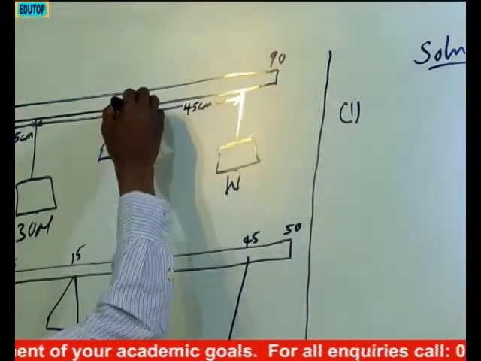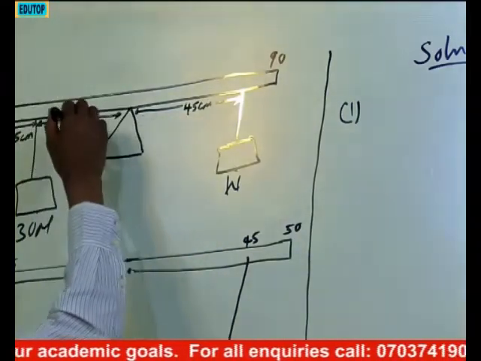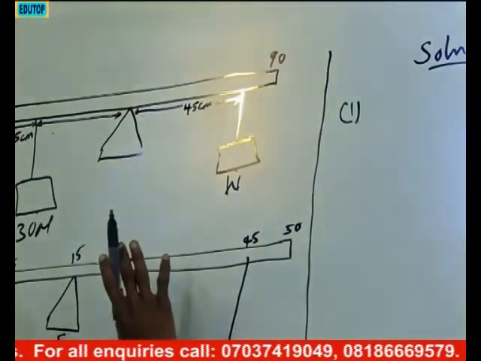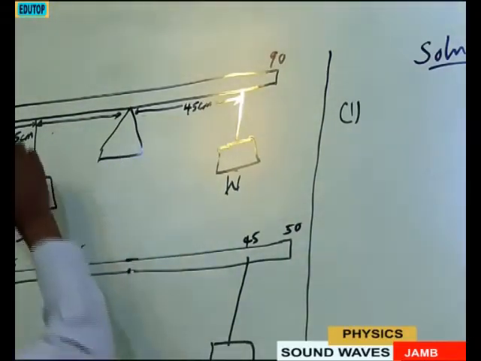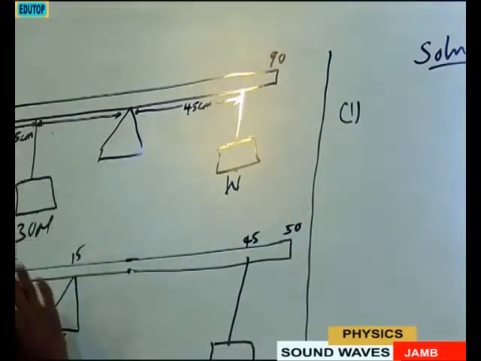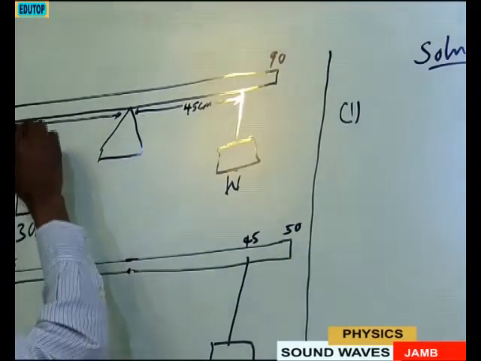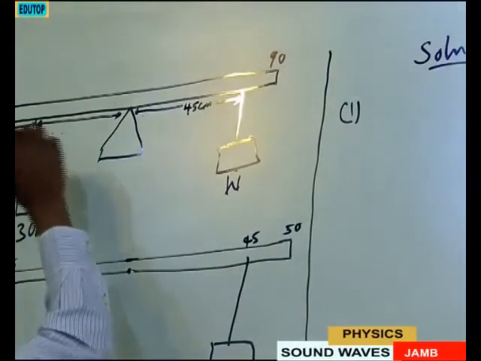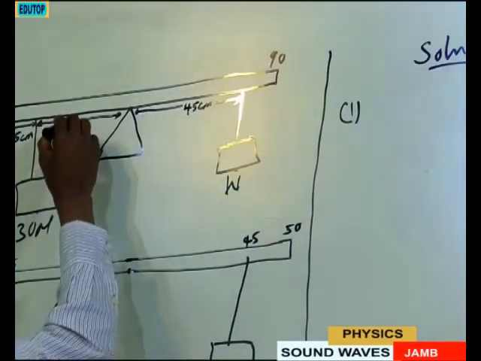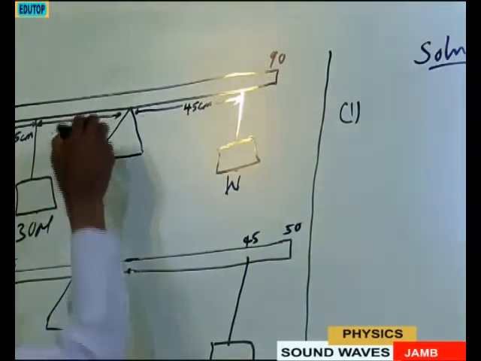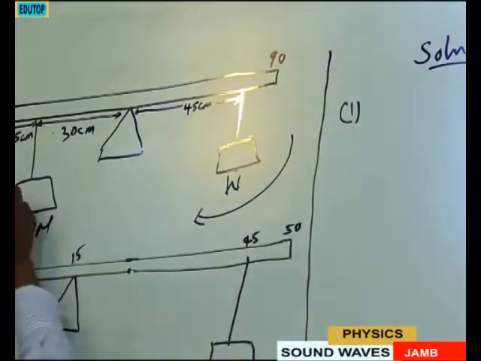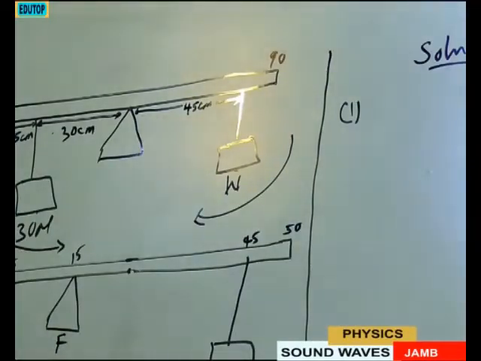Automatically, from the center to the other side should be 45, because 45 and 45 give us 90 altogether. And we are told that from here to here is 15. So we remove 15 from 45, and we are going to have 30 centimeter. This is clockwise, this is anti-clockwise.